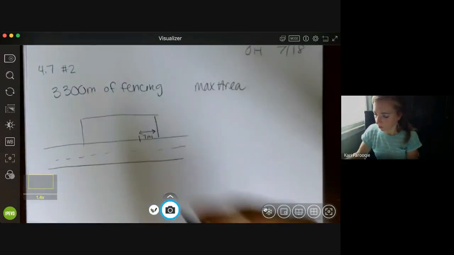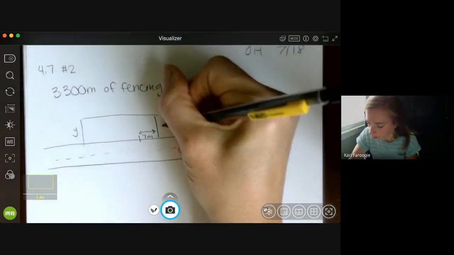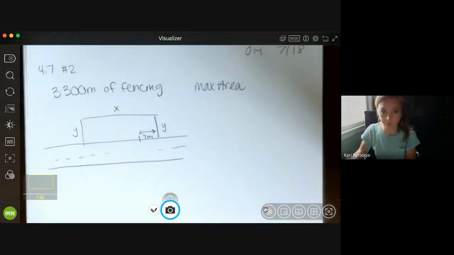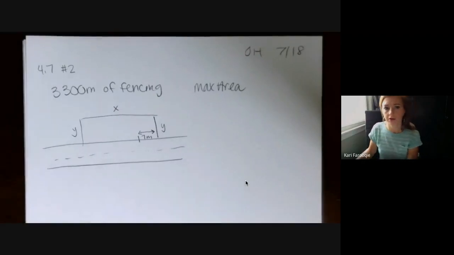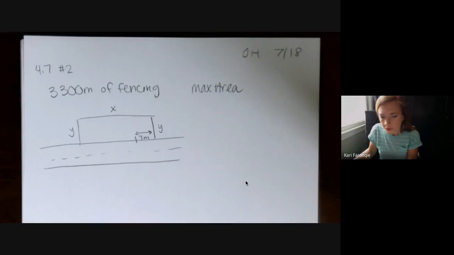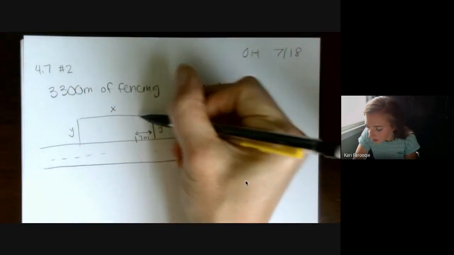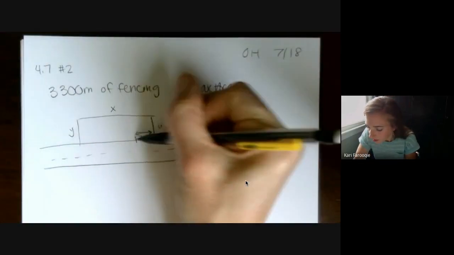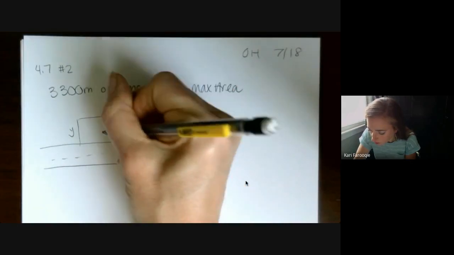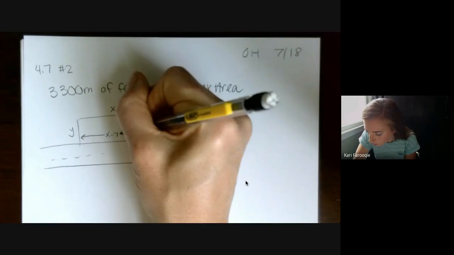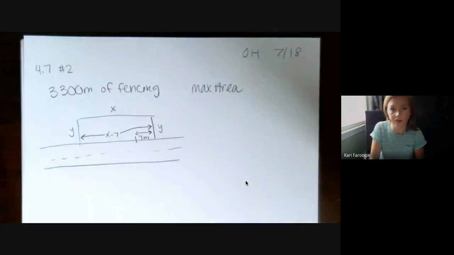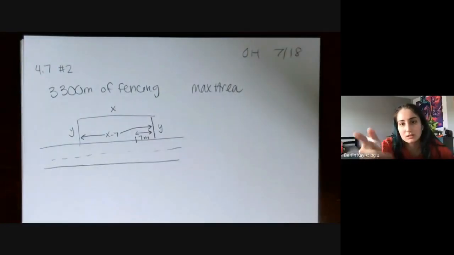All right, so it kind of depends on how you want to label this. I'm just going to go like this because to me, Y should be vertical and X should be horizontal. All right. So since this side is X, I would take this side and just call it X minus 7. Is that what you were thinking when you said it? Yeah. This is how I did it, but I just got it wrong somehow.